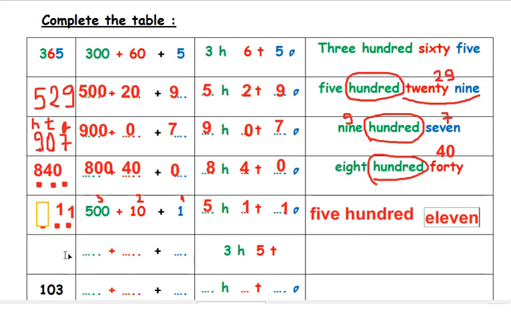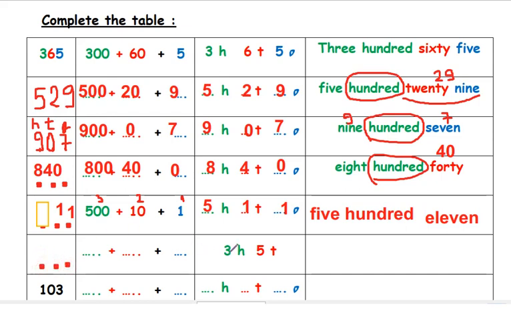In here, I have no number in this place, no number in this place, and I have here 3H and 5T. What's the meaning of 3H? I have 300. I will open 3 places because I have 300.